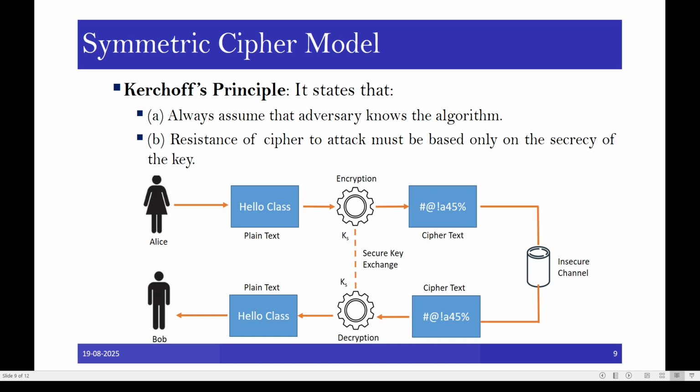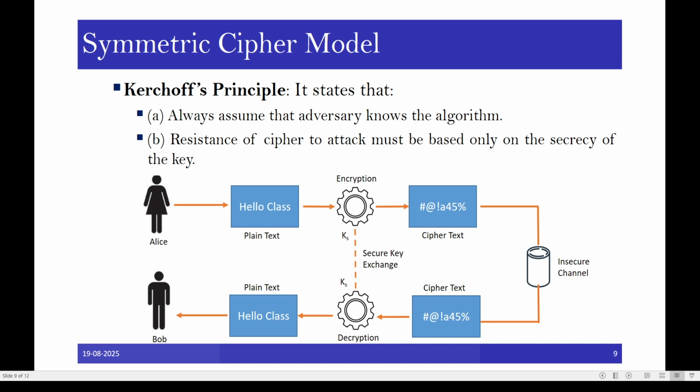So, now the symmetric cipher model. The symmetric cipher model tells you about the Kerckhoffs principle. This principle is very important. It says that the first thing is to always assume that the adversary knows the algorithm.